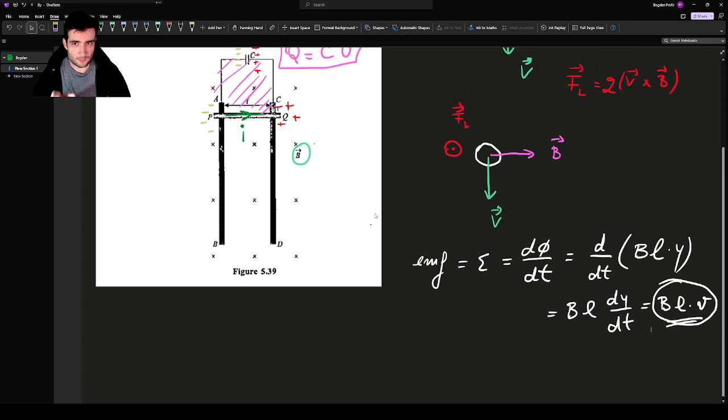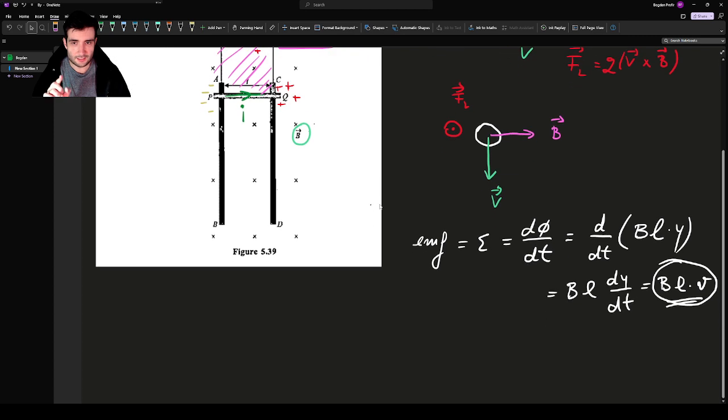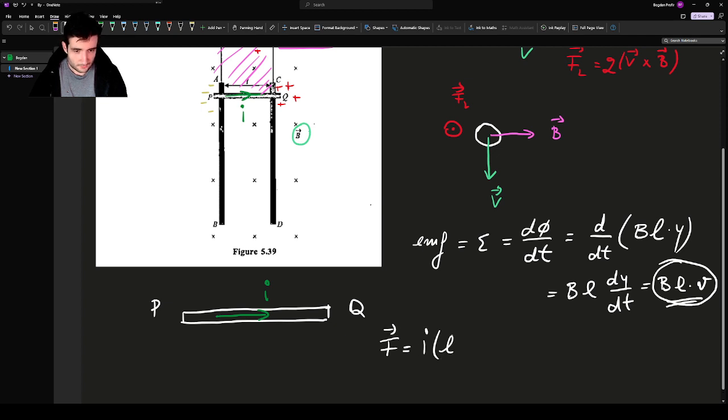The other thing to keep in mind is that there will be a force acting on this conductor PQ, because if you think about it, this conductor will now have a current through it, like this, and there will be a force acting on this conductor given by this formula: I multiplied by the cross product between L and B, where L is a vector which has the same magnitude as the length of the conductor, and the direction is the direction of I, of the current.